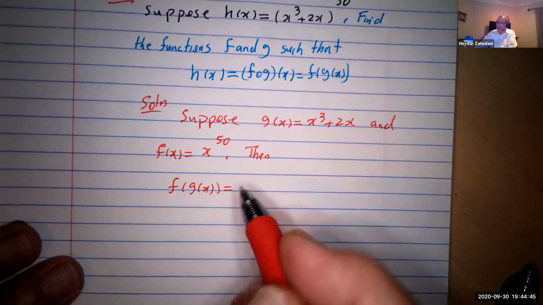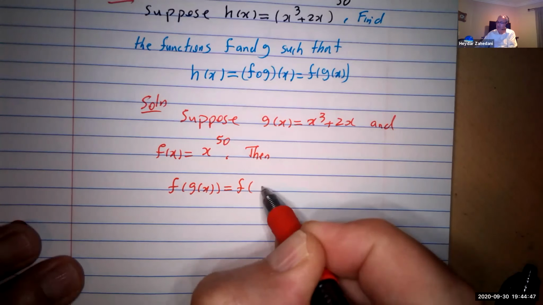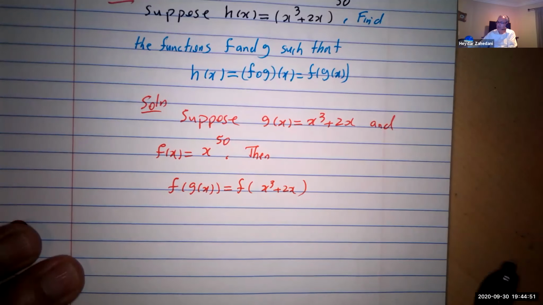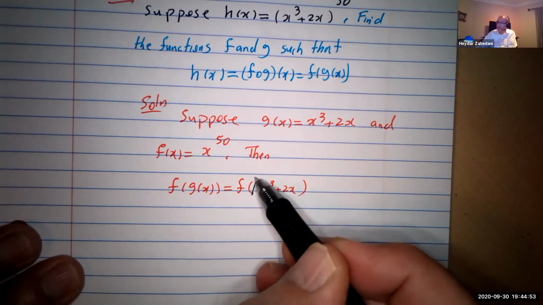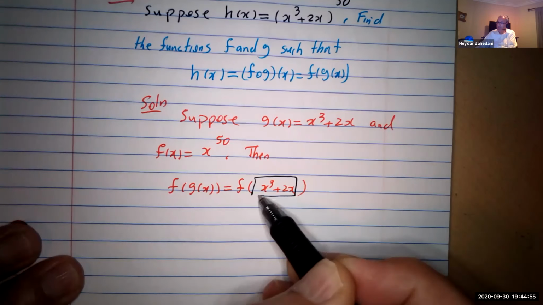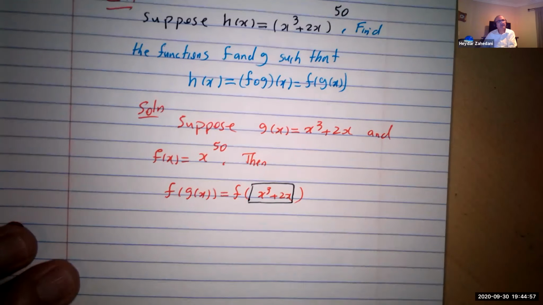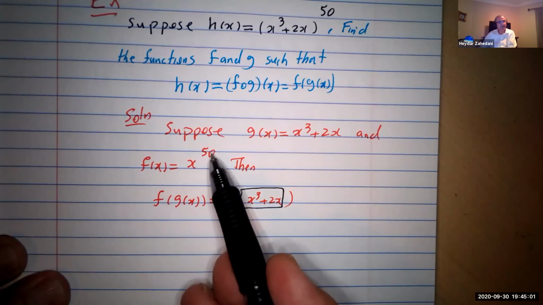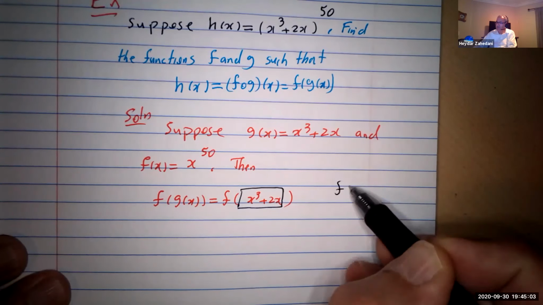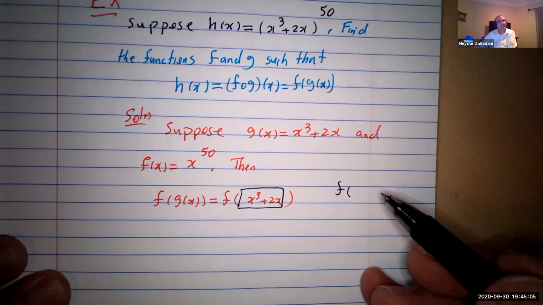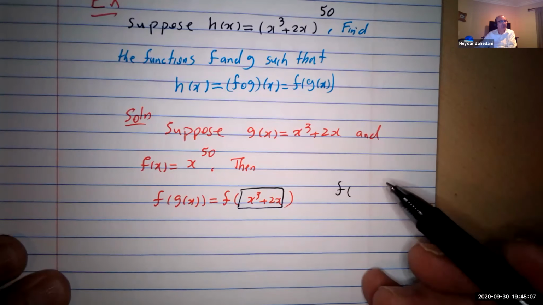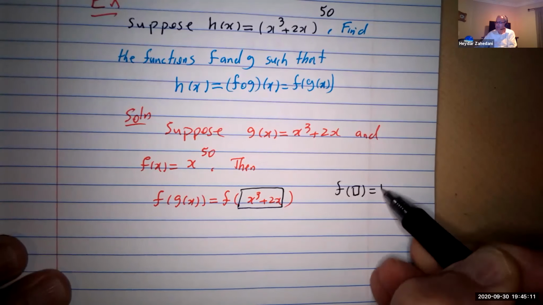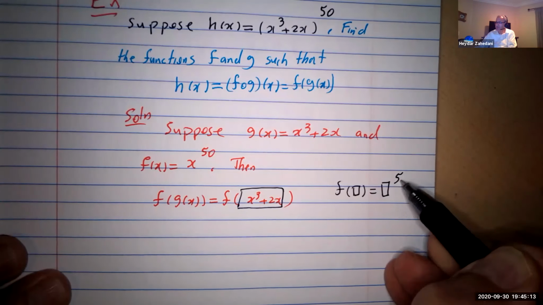What is going to be f of g of x? Bring g first: x cubed plus 2x. Remember, drop it into the box, and drop this box into the f function. What is the f function? f is box to the 50. x is not important; you could call it z. z to the 50, box to the 50.